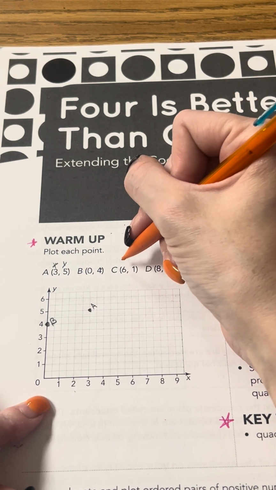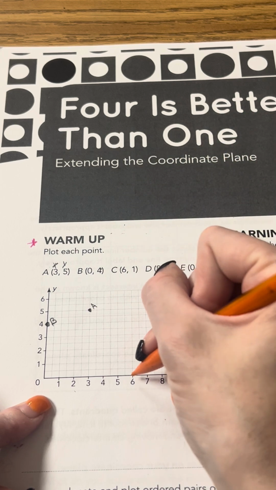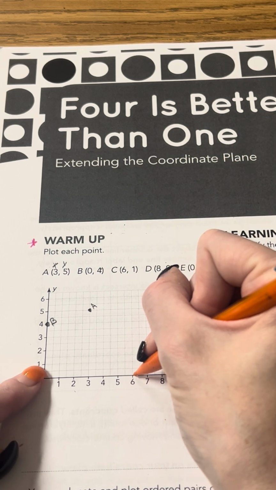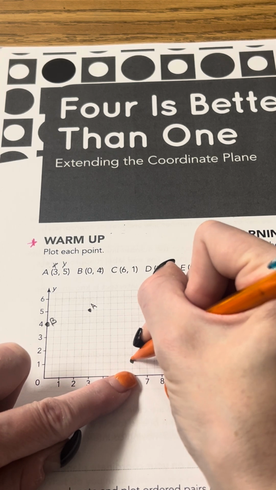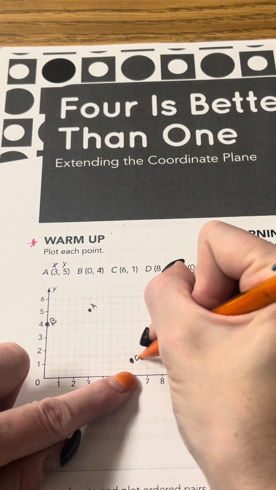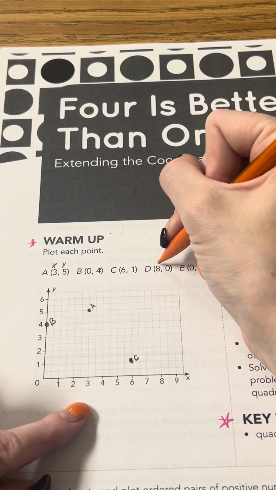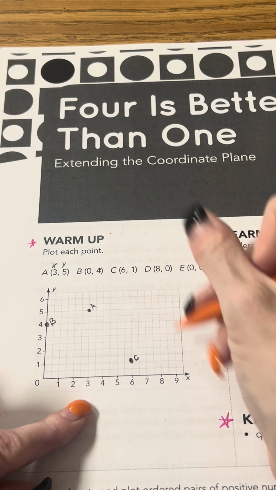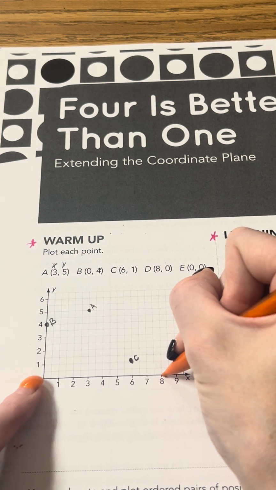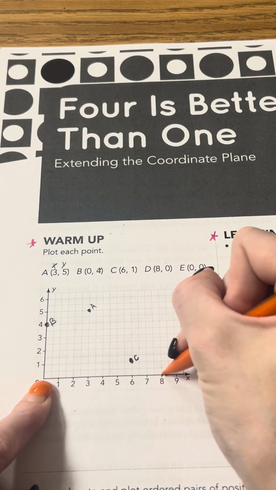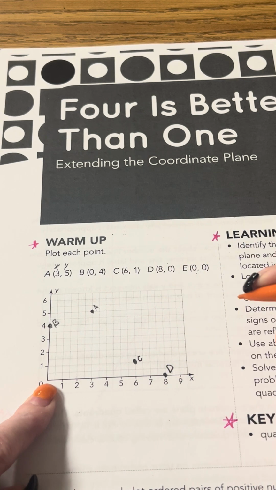Point C is 6, 1, so 6 being x, we're going to find 6 on the x, 1 on the y, and where those meet is where we're going to put our point and label it. Okay, D is 8, 0, so 8 being x, we're going to find 8, 0 being the y, which would be right here. We would plot our point and label it.